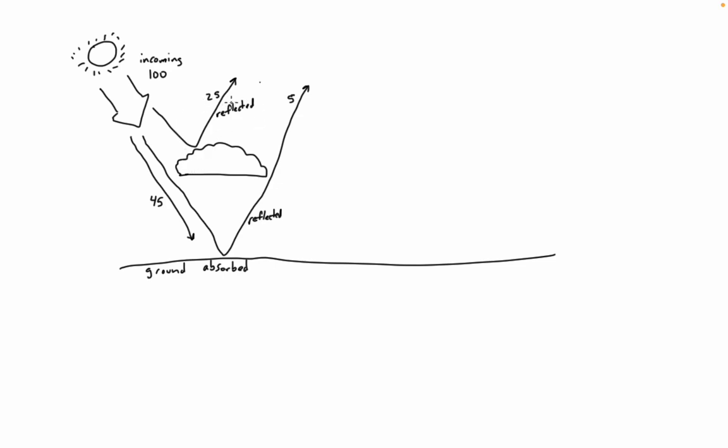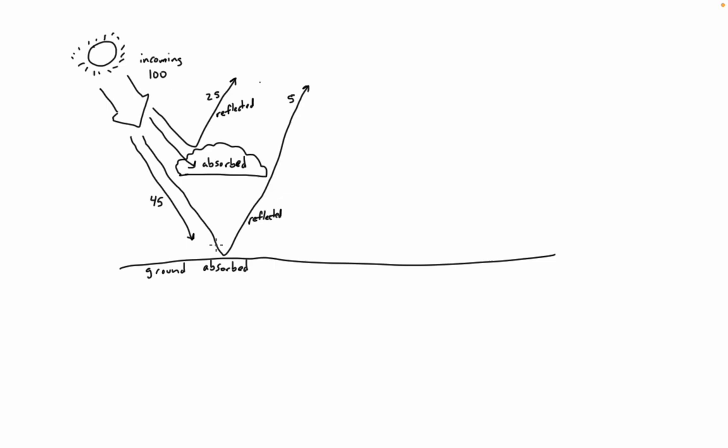And okay, what are we missing here? 45 plus 25, we've got 75. So the remainder is absorbed in the atmosphere. So we've been focusing on how infrared wavelengths are absorbed by molecules in the greenhouse effect, but there is some absorption at the shorter wavelength radiation as well.